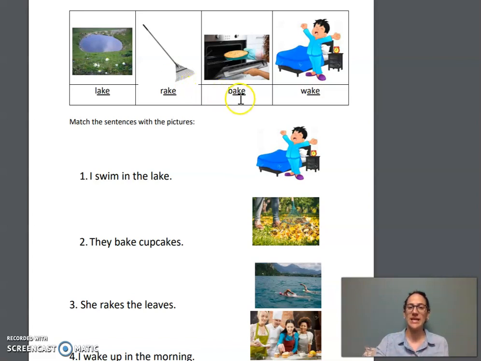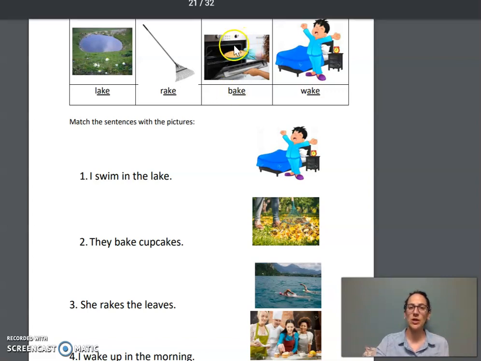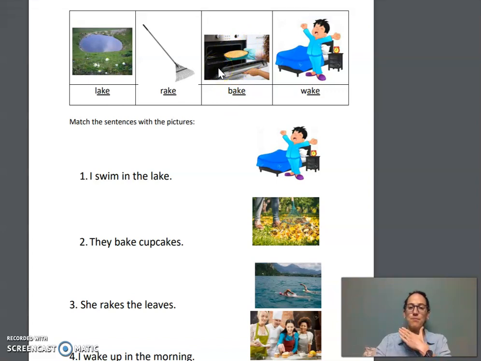Another word with the ache sound begins with the letter B. B. Let's put it together. B, ache, bake. Very good. Bake is when you can cook something. Repeat after me. Bake.